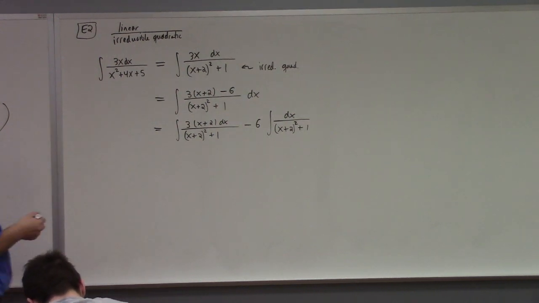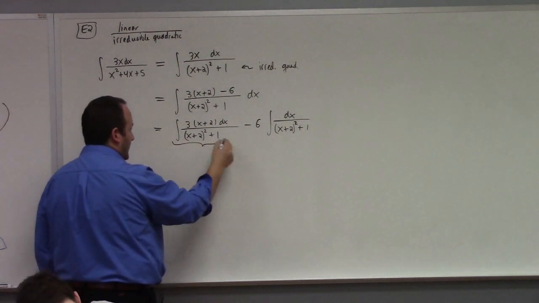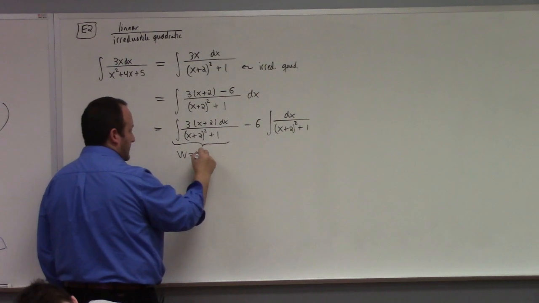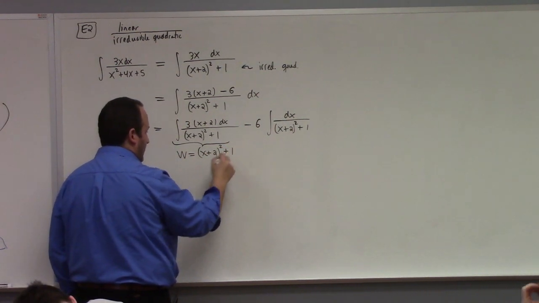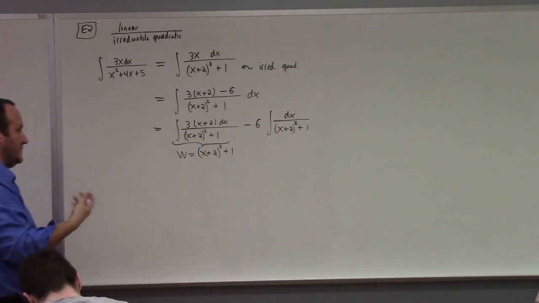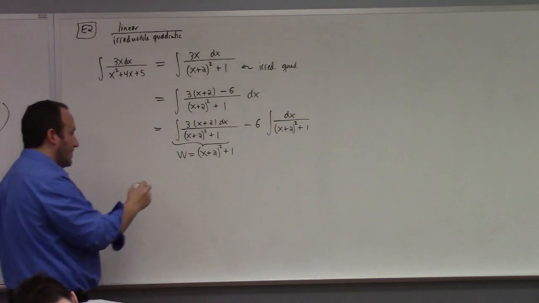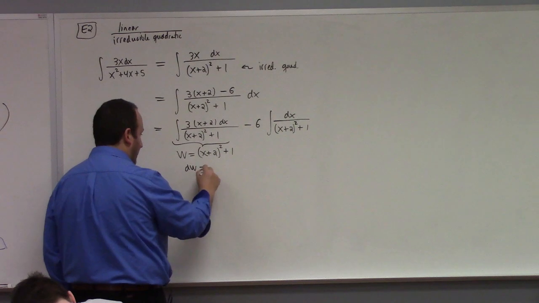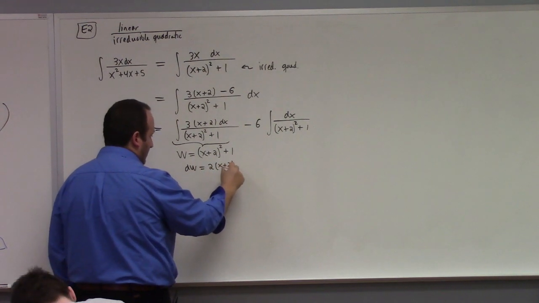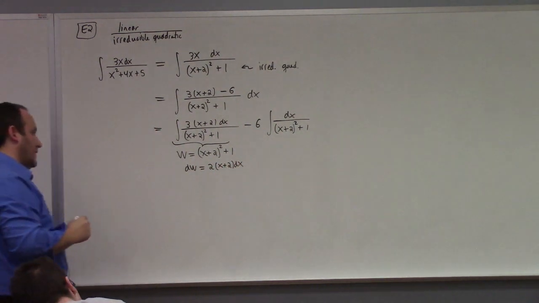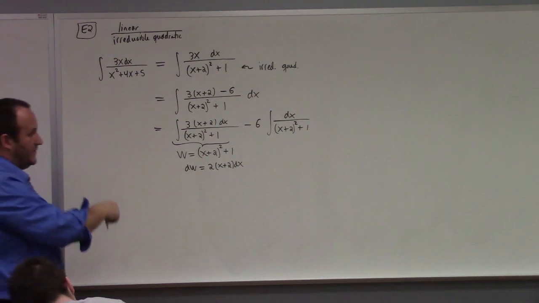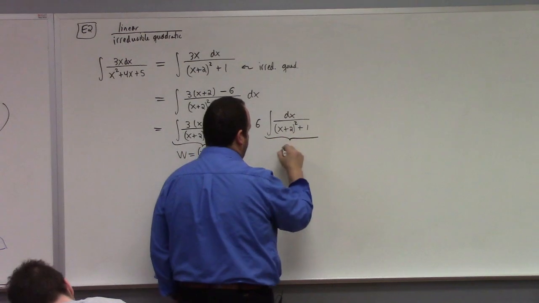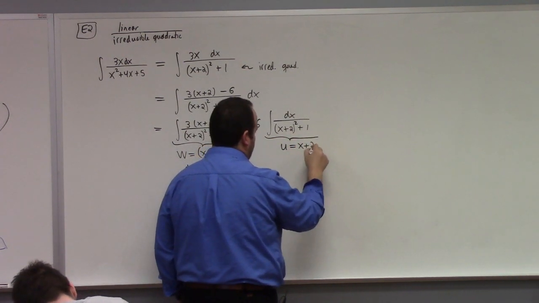So let me suggest that for this one, we can make w equals x plus 2 squared plus 1 a substitution, right? If I make that substitution, then what's dw? It's 2 times x plus 2 dx, right? For the other one, I can make a u equals x plus 2 substitution.